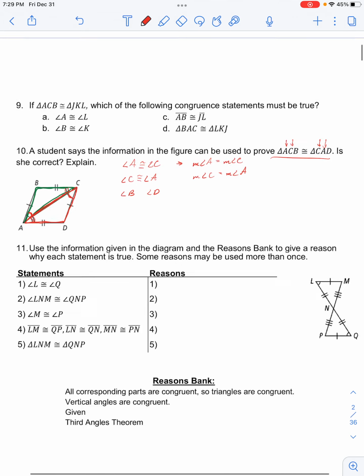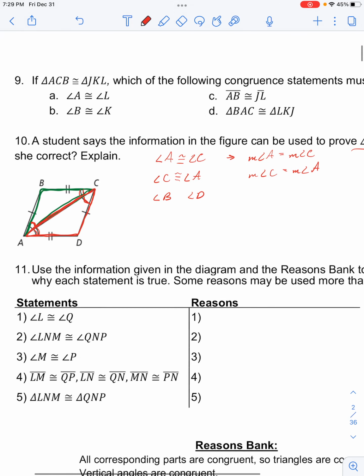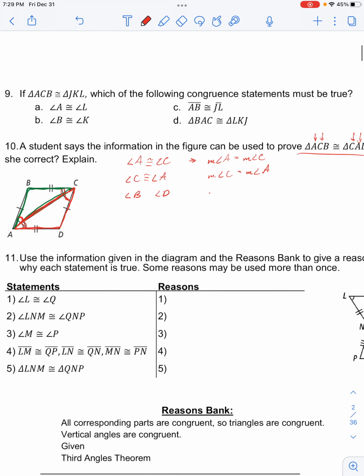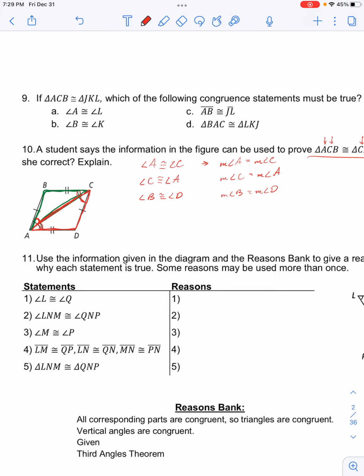So we know that the sum of all the angles in the triangle must equal 180 degrees, and if we have two of the same angles, then what's remaining, that one angle, B and D, must also be of the same measure. So we have that the measure of angle B is equal to the measure of angle D, and so then that follows that angle B is congruent to angle D.